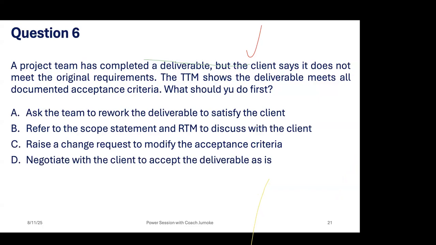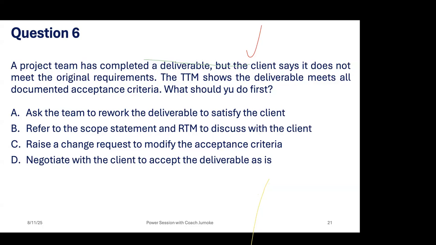The TTM shows the deliverable meets all documented acceptance criteria. Acceptance criteria are derived from the requirement elicitation. When you elicit requirements, before you start work, you verify them again with the client.